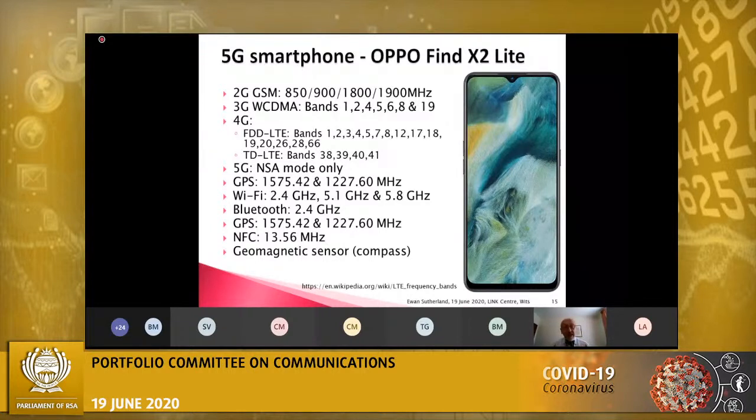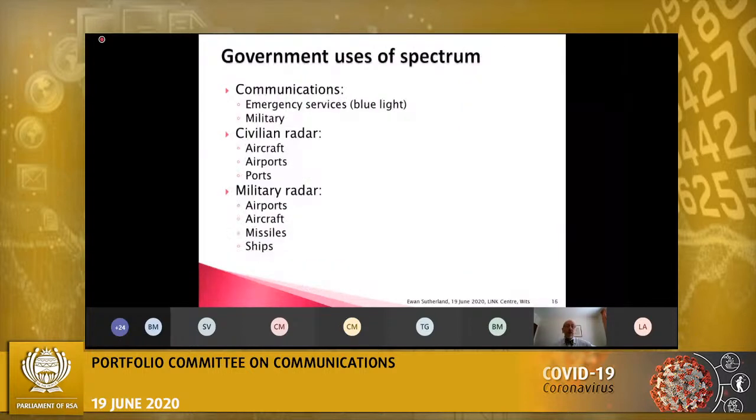It's going to connect to the 5G network if one is available. It will connect to 4G. It will connect to Wi-Fi to offload. It will connect to Bluetooth to connect all the devices around you, and it will do near-field communications to pick up information from adverts or to make payments in a shop so that you can be contactless.